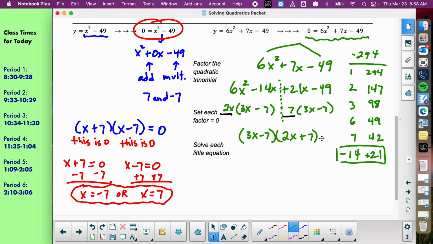And the only way we were able to find solutions is if it was factored equal to 0. So we are going to say the first one is 0 or the second one is 0. Once you get something factored, you're going to solve each individual little factor.